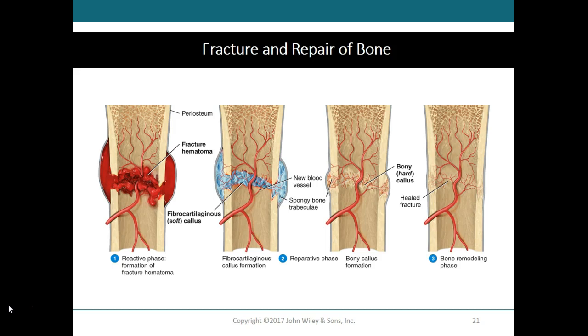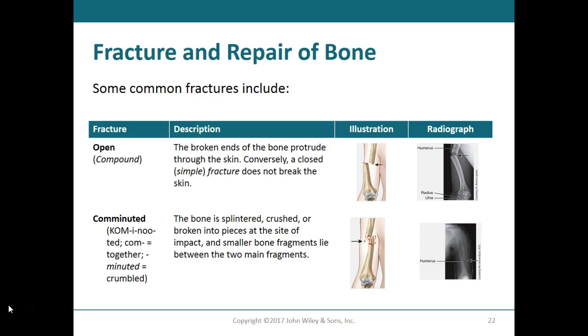Either way, whether it's closed or open reduction, and remember, reduction is just bringing those bony pieces back in line, most of the time those fractured bones are going to be surrounded by a cast, a sling, a splint, a bandage, or some type of device that will hold that bone immobile so that healing can occur. Alright, so let's look now at some of the more common types of fractures.